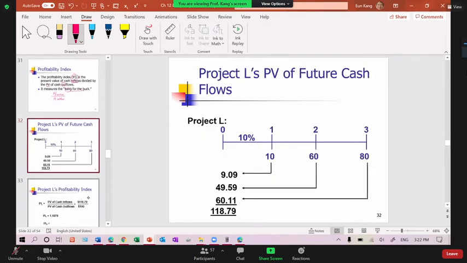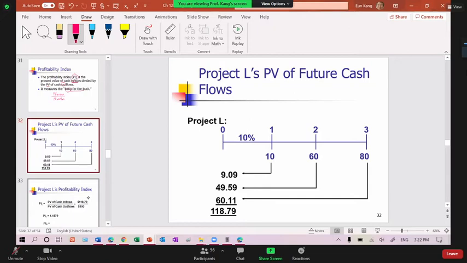So if we use this one, Project L, right? Look at this. There is no negative cash flows here, right? So the very, very important thing, when you calculate profitability index, you have to separate negative cash flow and positive cash flows, right?